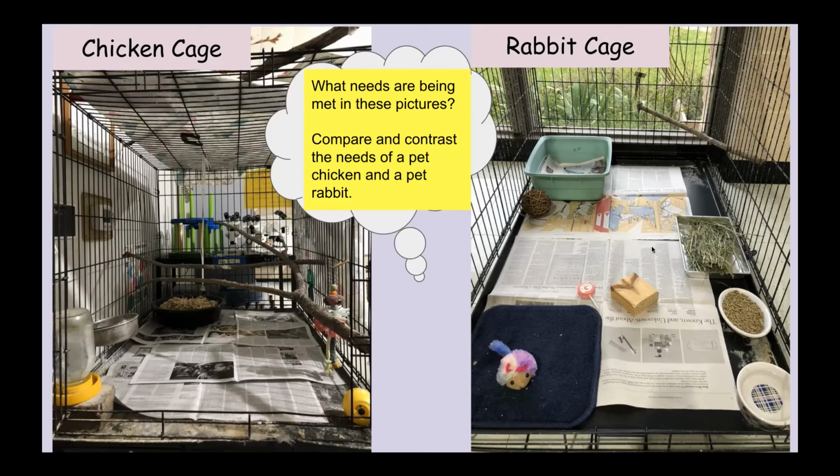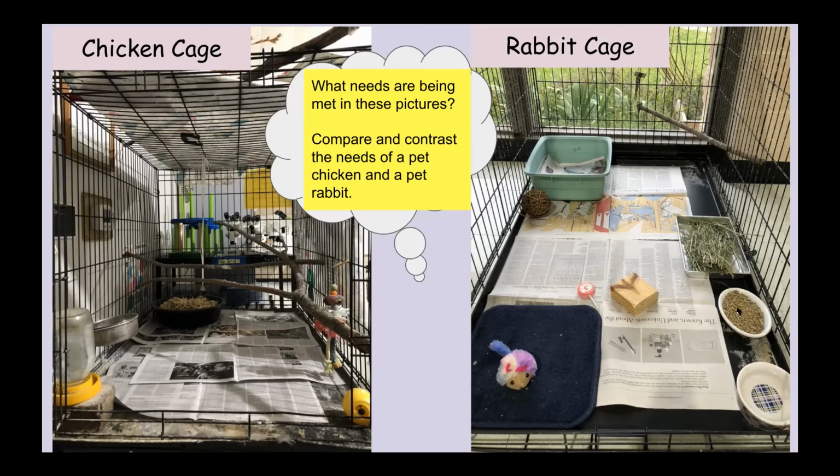Take a look at our rabbit cage where Mochi spends her time during the nighttime. So what are some things that you notice here? So I noticed that she also has a bowl of water, but the rabbit's bowl of water looks a little bit different than the chicken's bowl of water. And that's just because chickens are super messy. And so their water bowl is shaped a little bit differently so they don't get it super dirty.